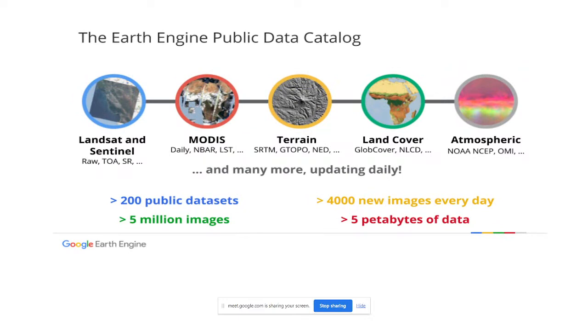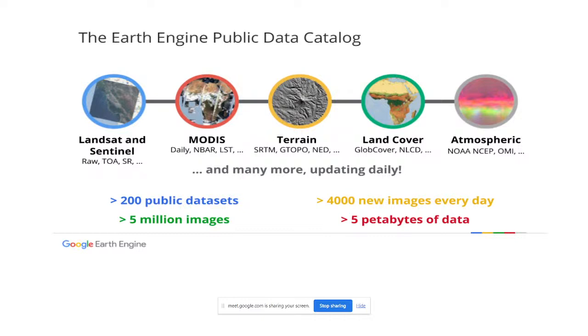Okay. So now, the Earth Engine public data catalog. In this public data catalog, we can easily access all of those satellite imagery, such as Landsat, Sentinel, MODIS, different types of terrain datasets, land cover datasets, and different types of atmospheric datasets. This public data catalog is updated daily.